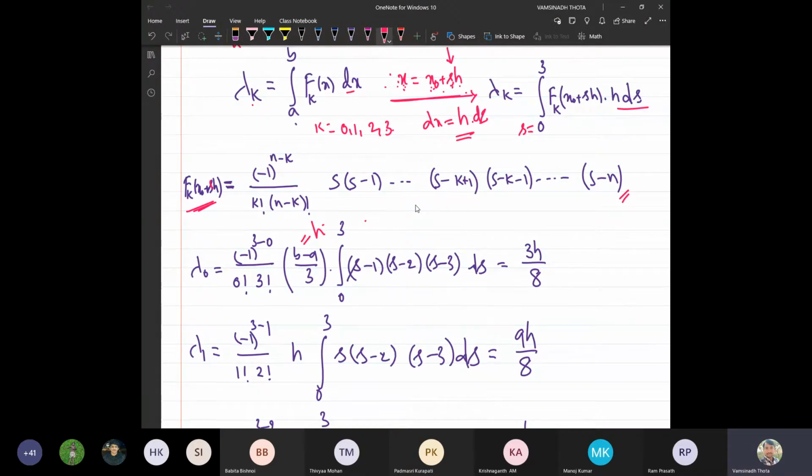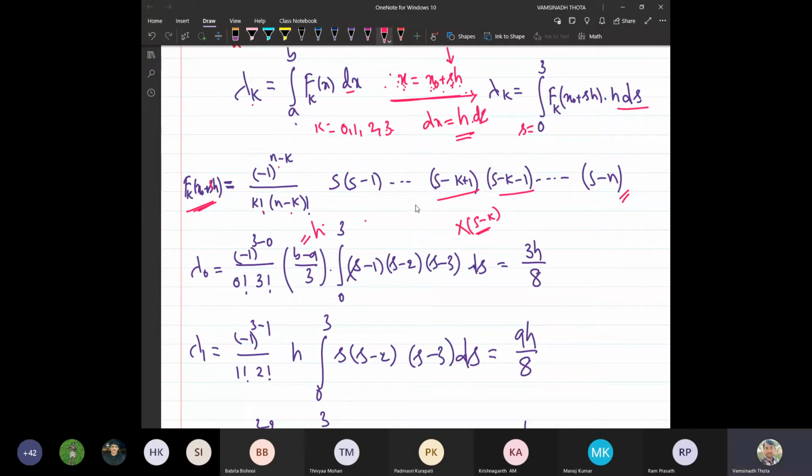So here n is equal to 3 and k runs from 0 to 3. So obviously, now what about this one? Actually, minus 1 to the power n minus k upon k factorial times n minus k factorial. S into s minus 1 into s minus k plus 1, and s minus, what is missing here? S minus k is missing. It will not be there. Okay. And remaining all the factors will be there.